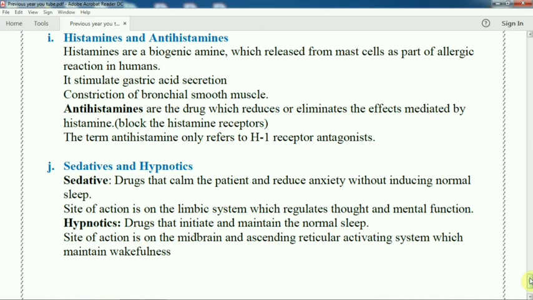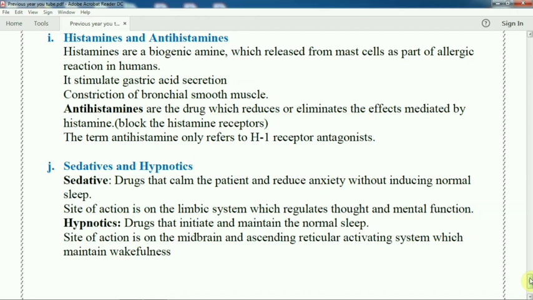Site of action is the limbic system, which regulates thought and mental function in the central nervous system. Hypnotics are the drugs which initiate and maintain normal sleep. Site of action is the midbrain and ascending reticular activating system, which maintains wakefulness or natural sleep.